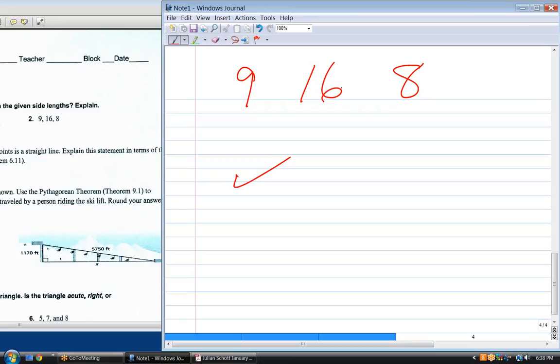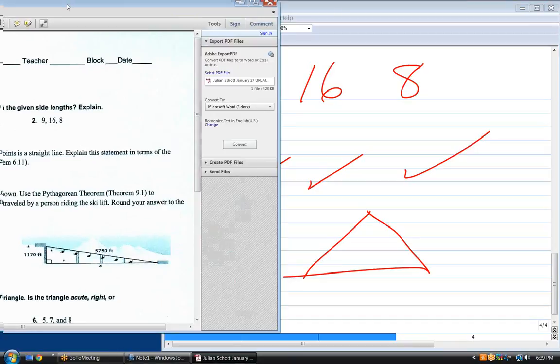So it passes that one. And it has to be greater than the difference. Well, the difference is only 1. So it passes that one. What about 8? I think 8 passes both. That is a triangle. That's what you have to do on questions like that: put every single side through both rules.